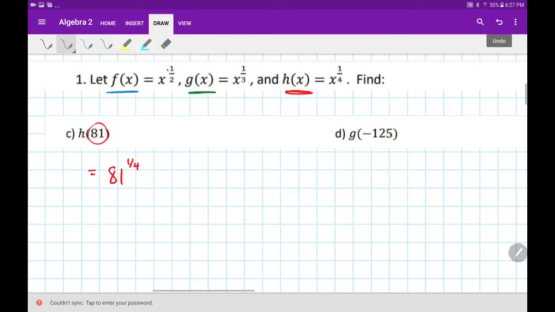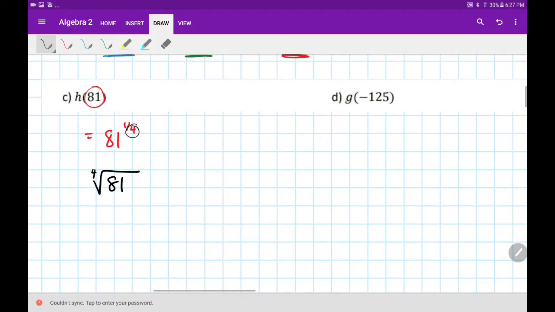Well, we know how to rewrite this because if I have a fraction exponent and I need to rewrite it as a radical, the number that is my root is always the denominator. So this is the 4th root of 81 to the power of 1, or just the 4th root of 81. Now here's what this question is asking. What number times itself 4 times?